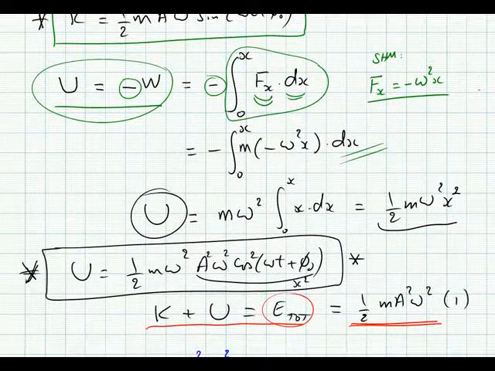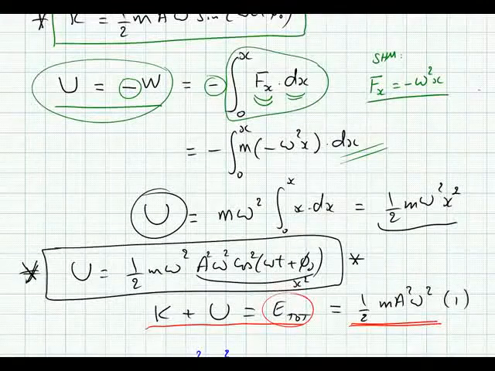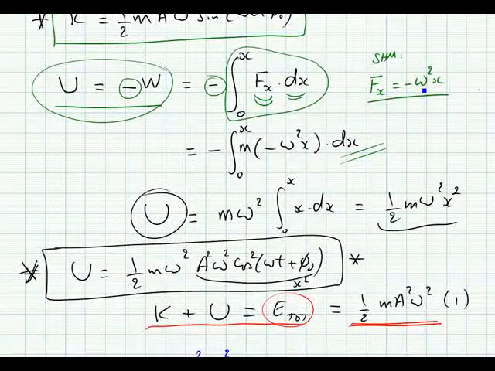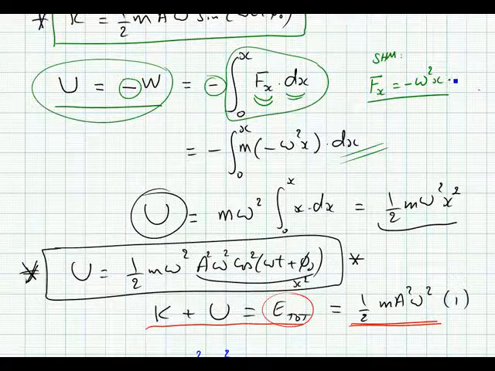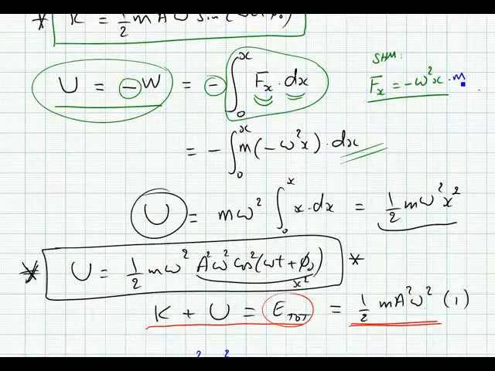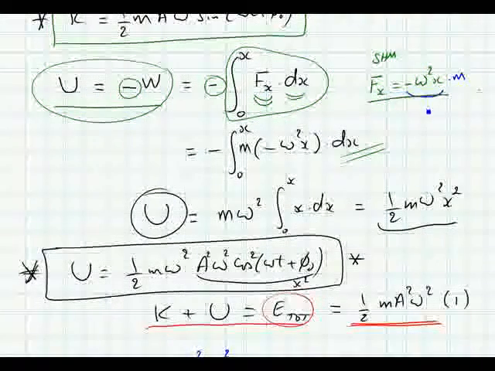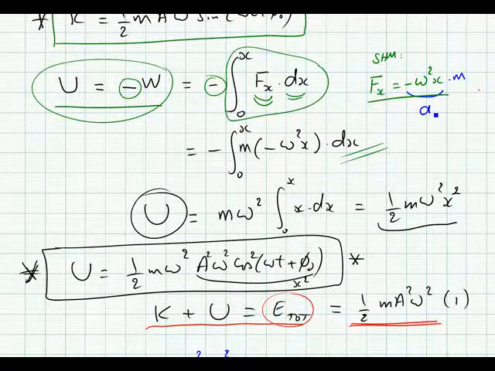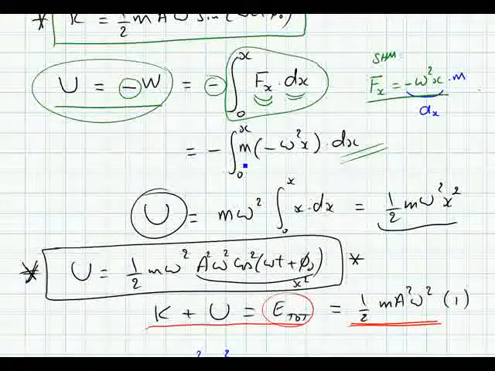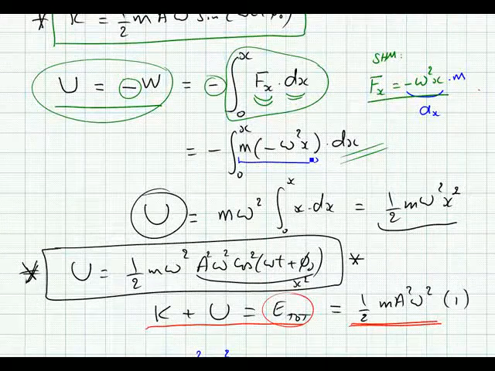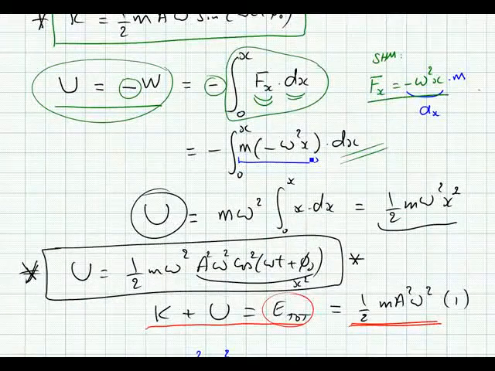I paused the lecture briefly because I just realized that I'd forgotten to include a mass term here, because minus omega squared x is the acceleration a_x, so we need to multiply it by mass to get F, but in my substitution I had actually gone ahead and put that in, so the integral is correct.